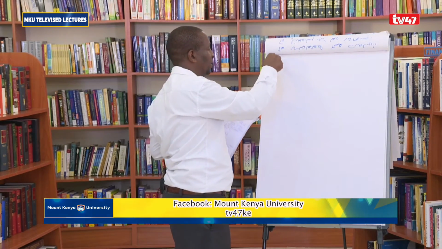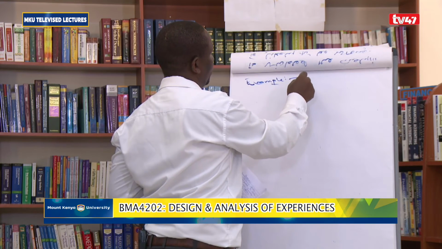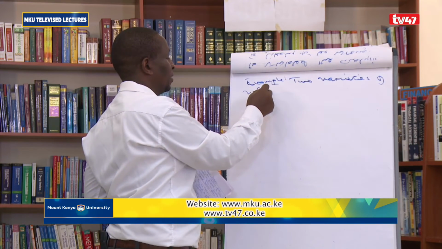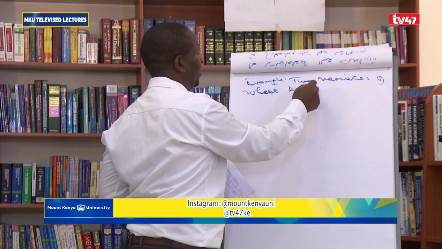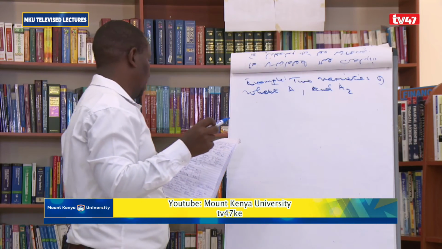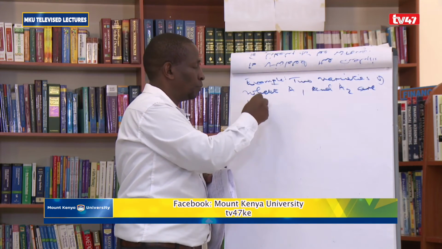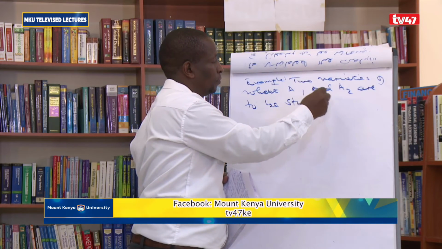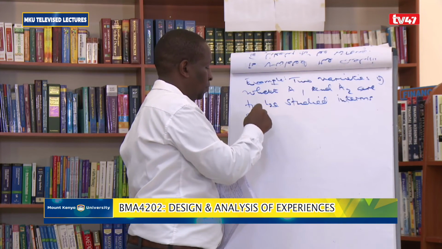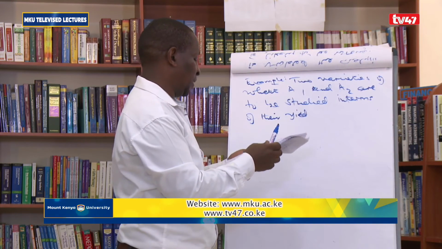We give a small example. 2 varieties of wheat, A1 and A2, are to be studied in terms of their yield in relation to application of a fertilizer.